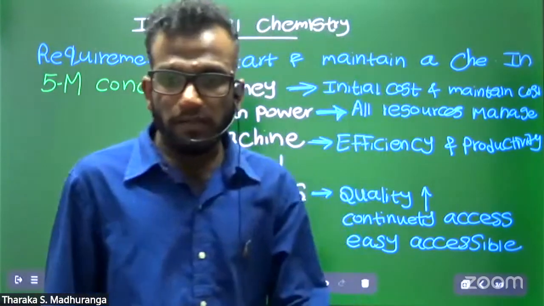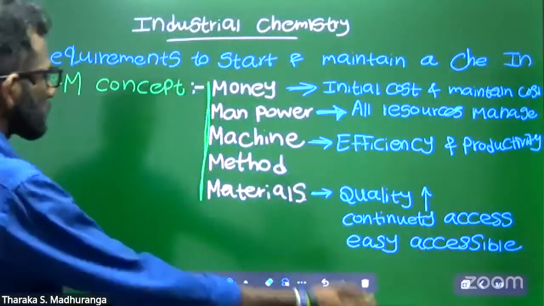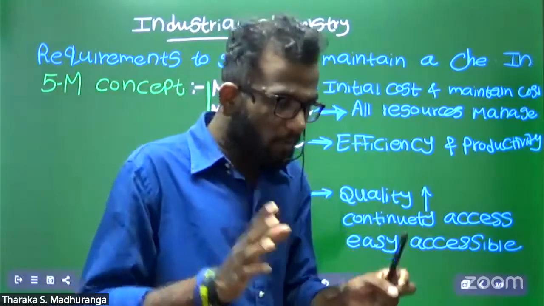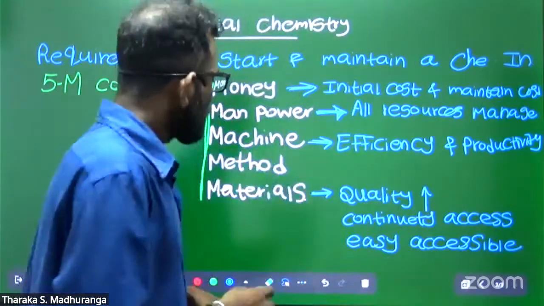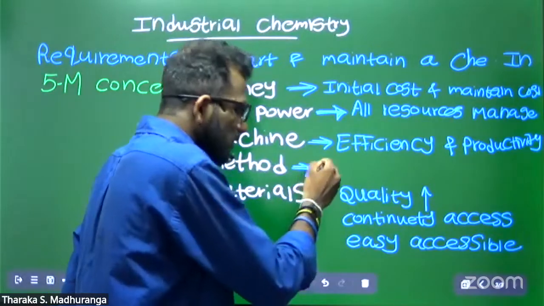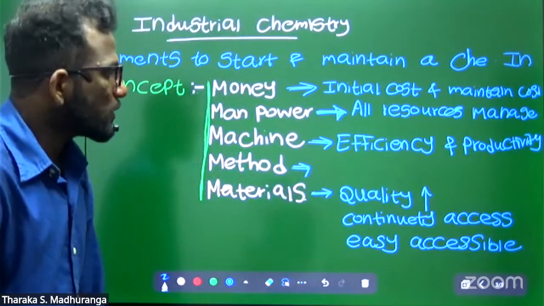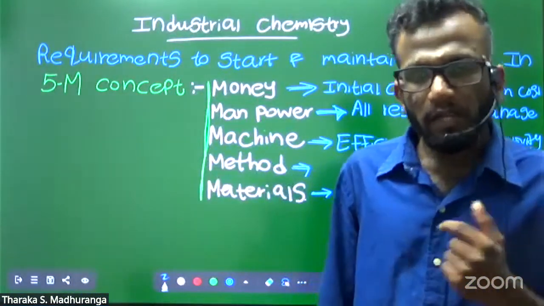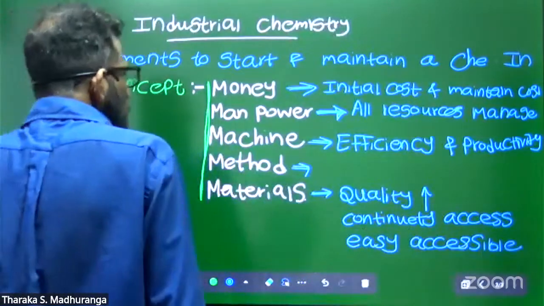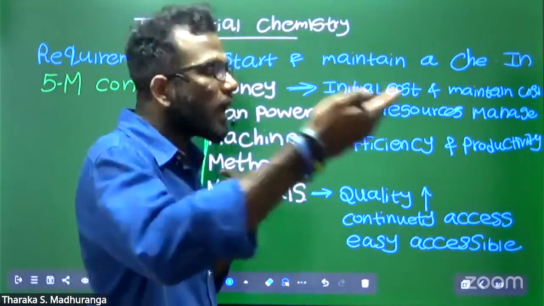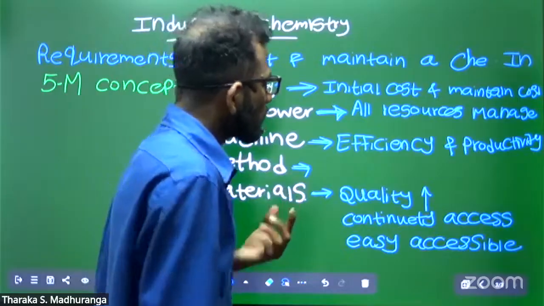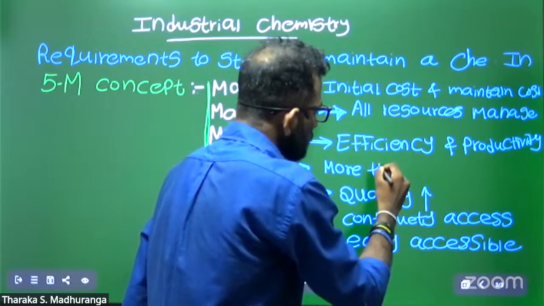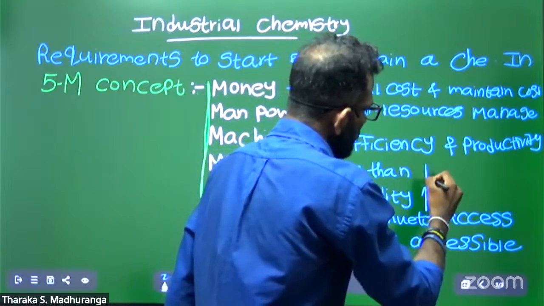The final one is the 5S concept. Sorry, the final one is method. You need to select the most suitable method. While selecting a method, better to get more than one method.